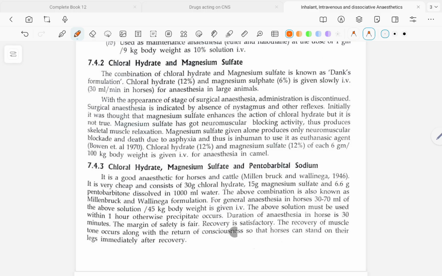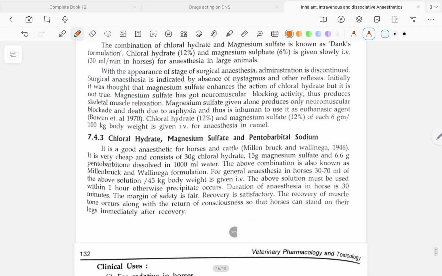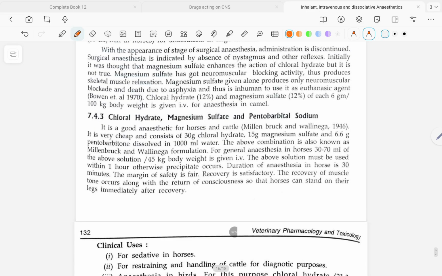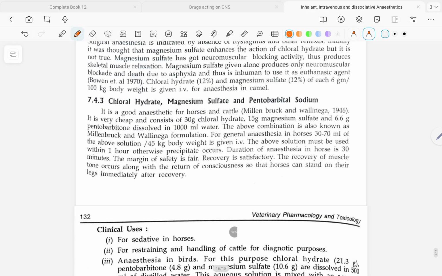Chloral hydrate, magnesium sulfate and pentobarbital sodium. It is a good anesthetic for horses and cattle. It is very cheap and consists of 30 gram chloral hydrate, 15 gram magnesium sulfate and 6.6 gram pentobarbital dissolved in 100 ml water.